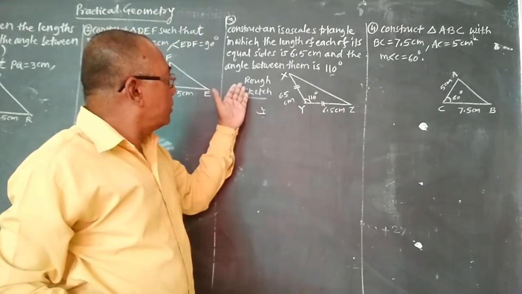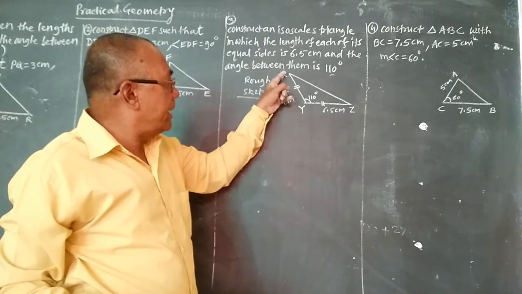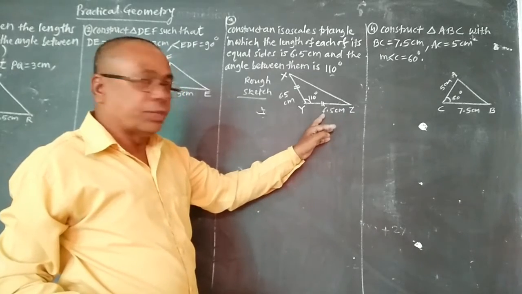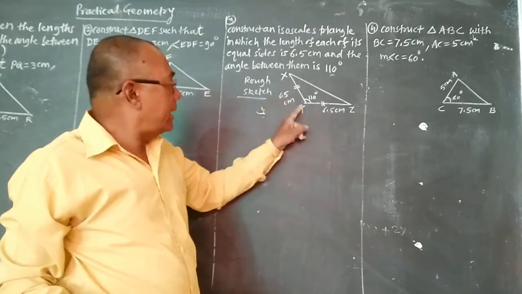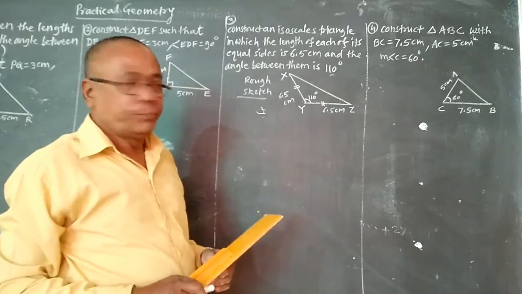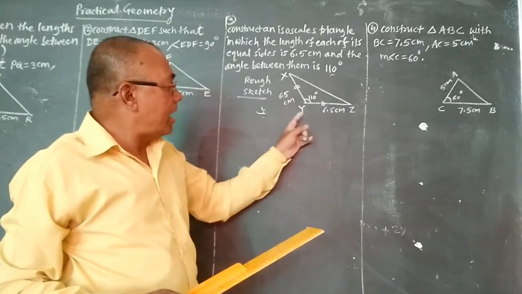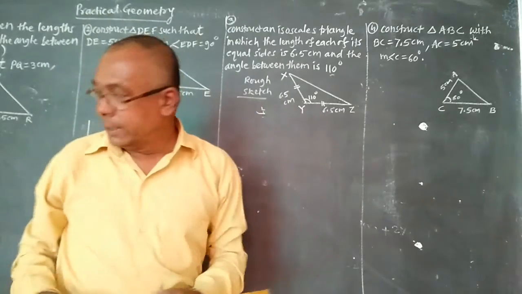So I have constructed the rough sketch of triangle XYZ, in which YZ is equal to 6.5, XY is also 6.5, and angle included by these two sides is 110. So first of all, I will draw the horizontal line YZ of length 6.5 centimeter.